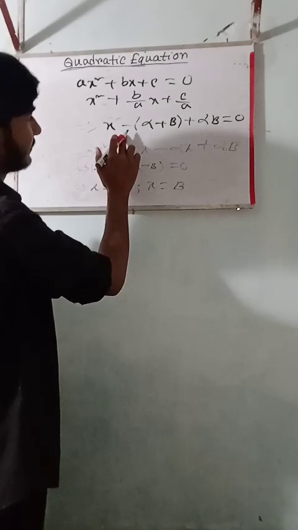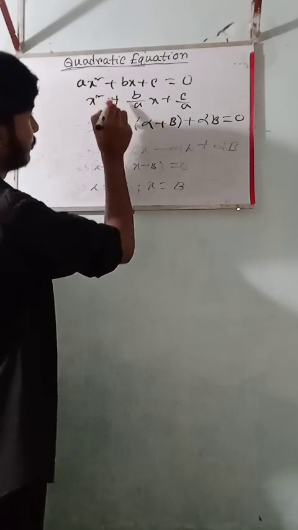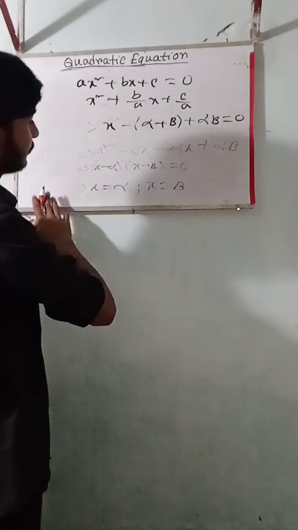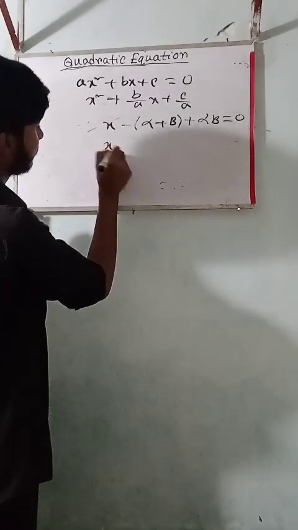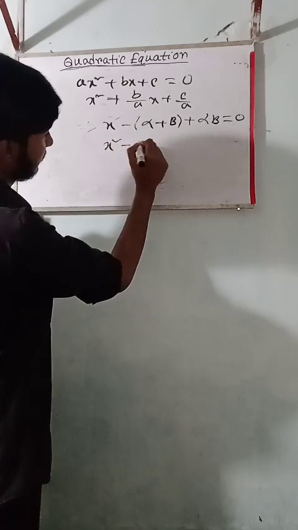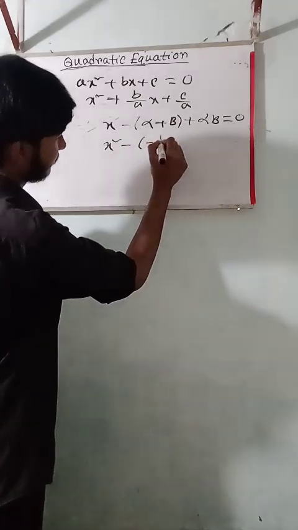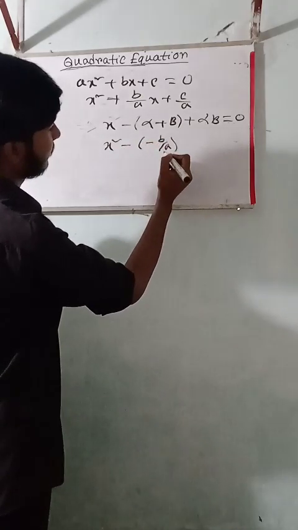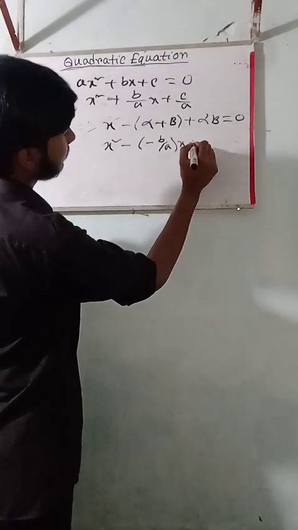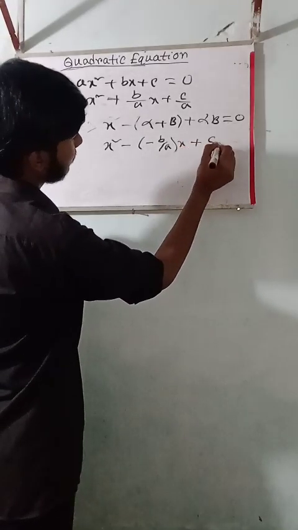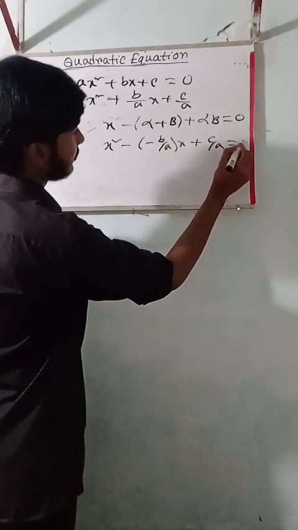But here is minus, but here is plus, so we have to balance this. If we balance this, then it will be like x square minus b by a into x plus c by a equals 0.